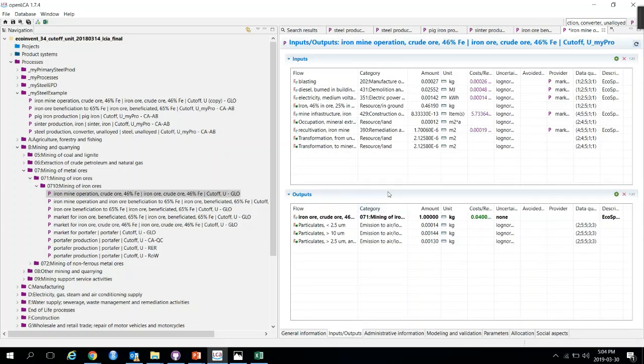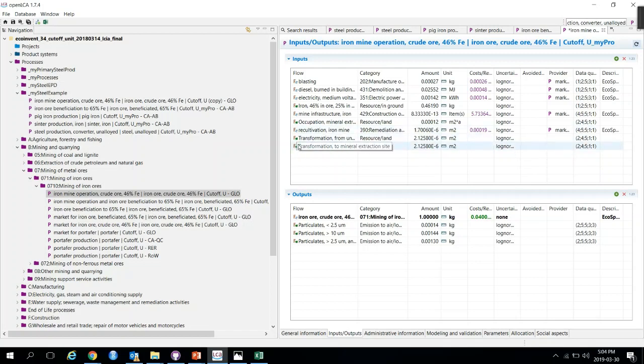So now we know this is happening at the mine, so there's not much from this. Well, there's obviously inputs from other suppliers for various requirements, but now we see there's these inputs which are basically flows from nature, the resources. We need land, and we need transformation of land to a mineral extraction site.